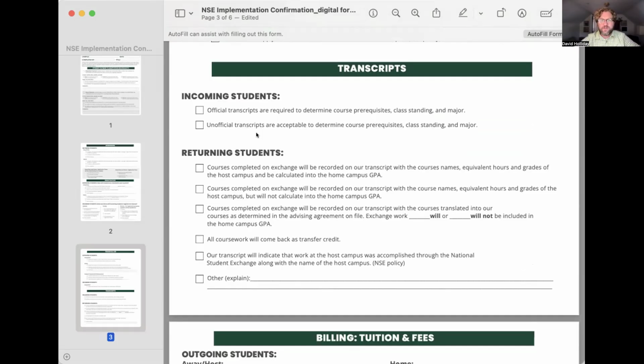And so if that meets your purposes for verifying prerequisites and things, then that is encouraged. And those returning students also have to have their transcripts sent back to the home institution as well. The returning students, at the end of their exchange, when their grades are posted, have to have that transcript sent back to the home school. And so outline your process for all of that as well.